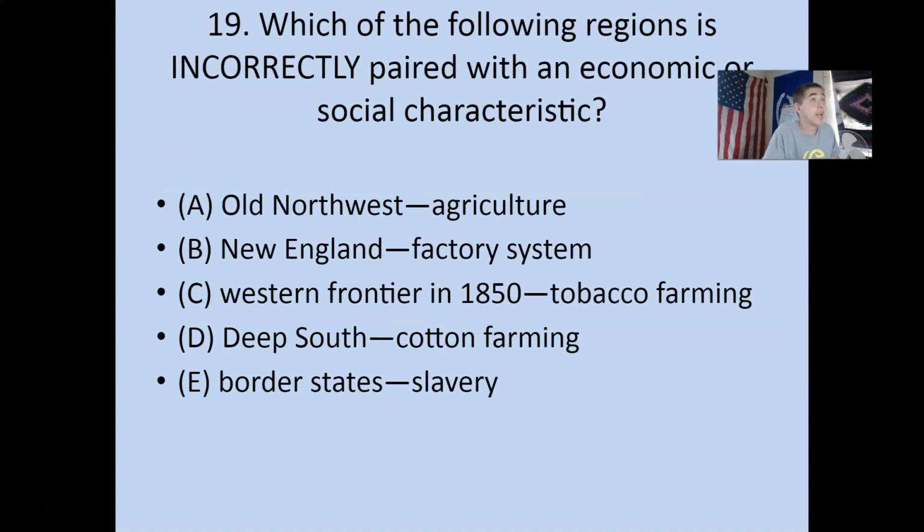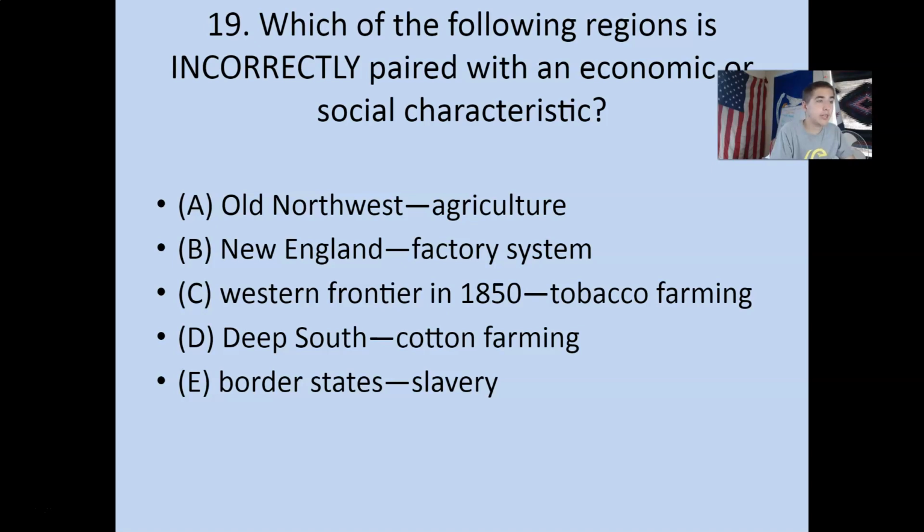Number 19. Which of the following regions is incorrectly paired with an economic or social characteristic? A. Old Northwest and agriculture. B. New England and the factory system. C. Western frontier in 1850 and tobacco farming. D. Deep South and cotton farming.